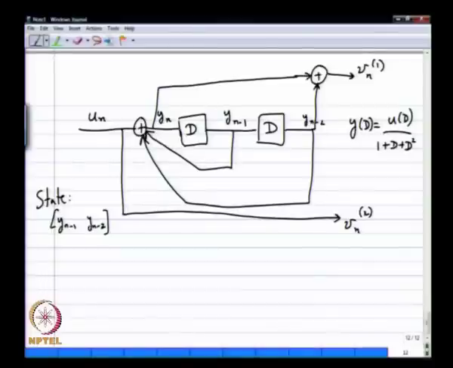I am going to try and draw the diagram. Maybe it is not a good idea to draw it here. Let me see.